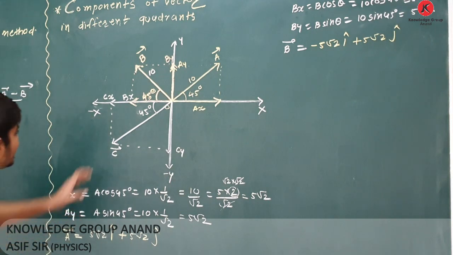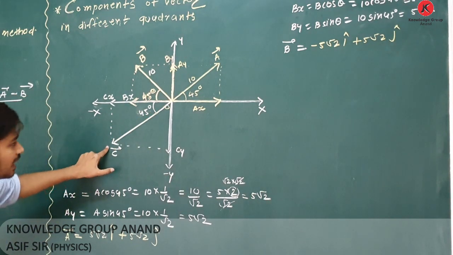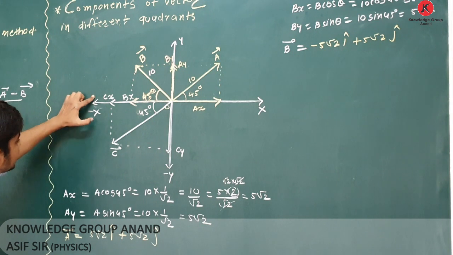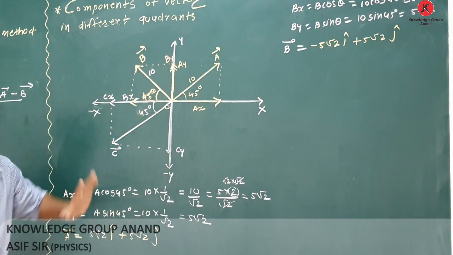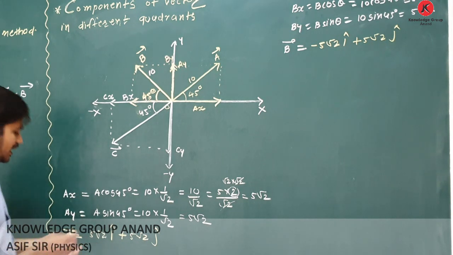See, here it is, this is the C vector. Its x component is in the negative x direction. Its y component is in the negative y direction. Yes, the magnitude is the same.